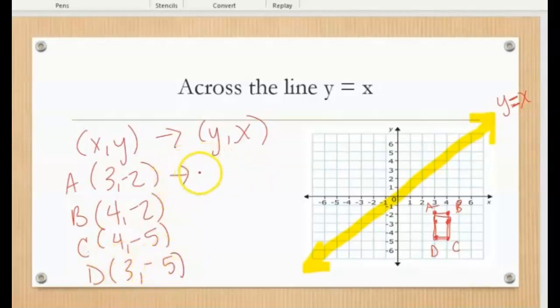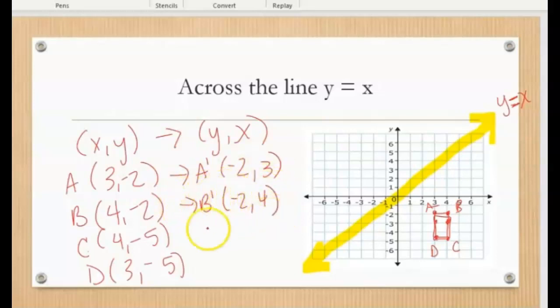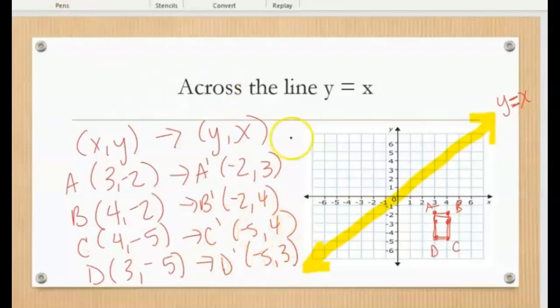So to get the image A prime, let's switch those coordinate points. B prime, we're going to switch them. We're going to switch the X and Y. All right, now let's plot the points and see what happens.